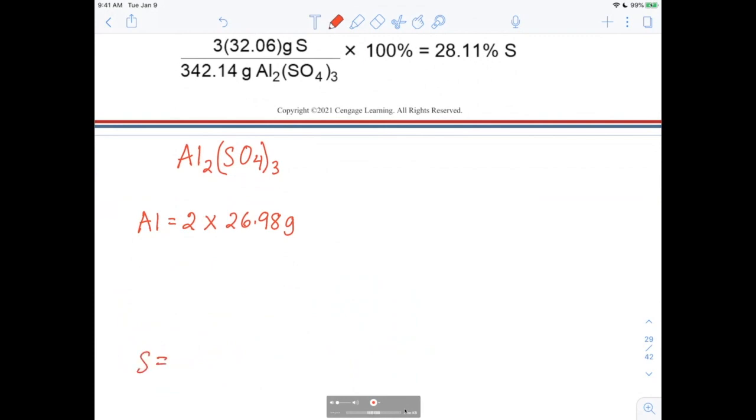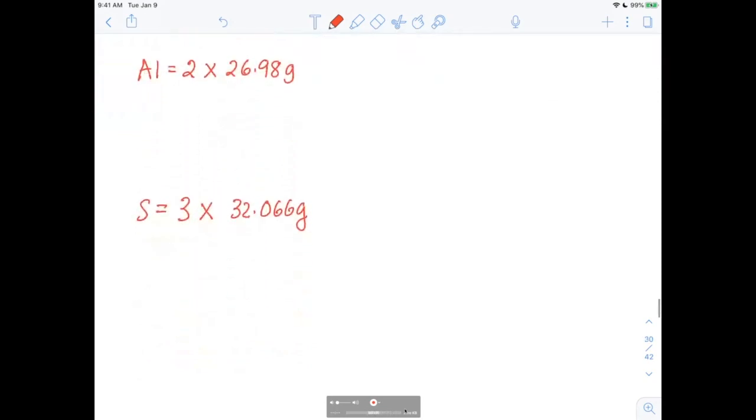And sulfur, we have 3 sulfurs. Remember, the 3 gets distributed into the elements in the parentheses by multiplying the 3 on the outside by the subscript that currently exists in the parentheses, right? So sulfur is going to be 3, because it's 1 times 3, and each sulfur is 32.066 grams.